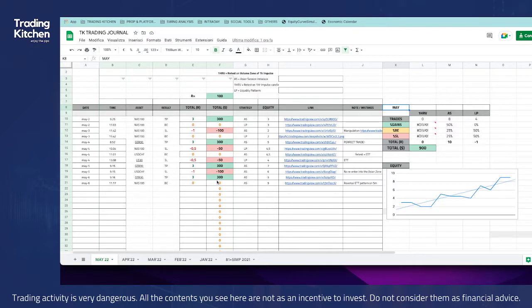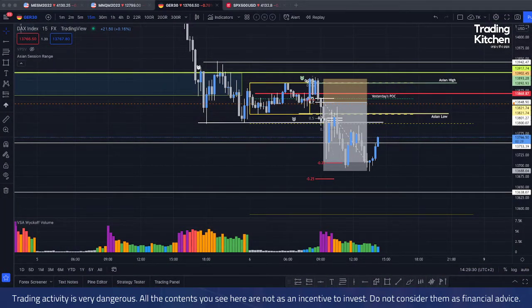As you can see, I have a 50% win rate, which is my standard win rate. You can see all my trades in a totally transparent way. And okay, so let's jump into TradingView.